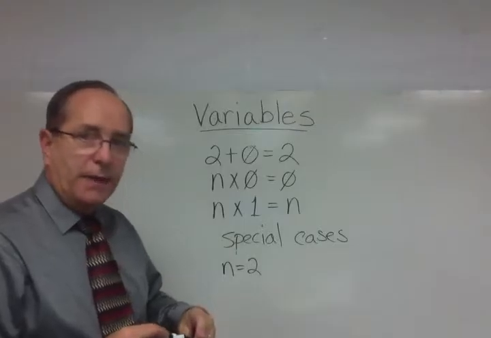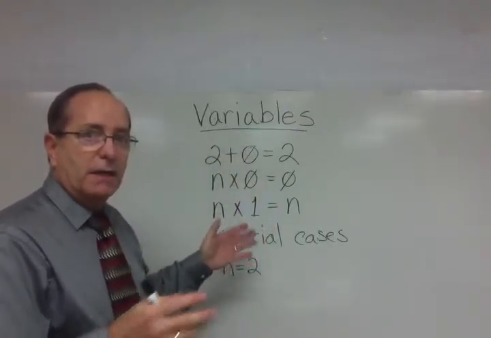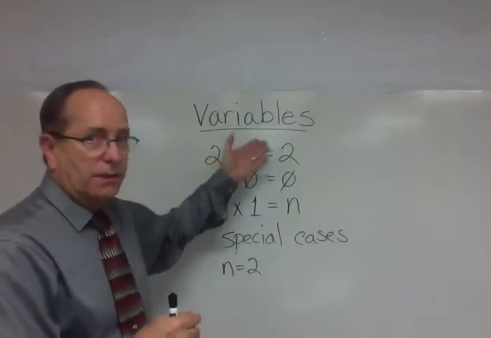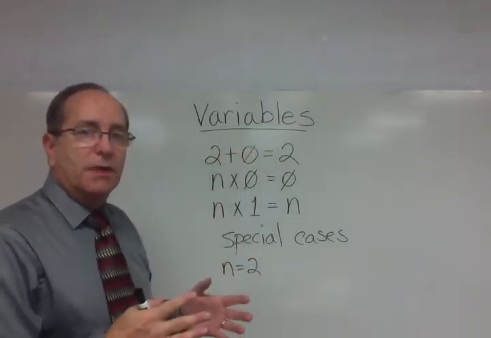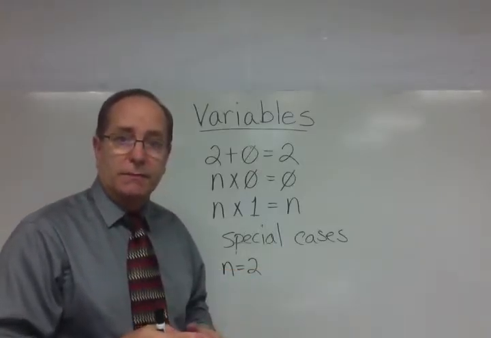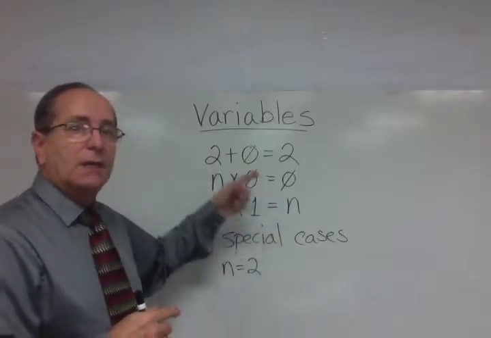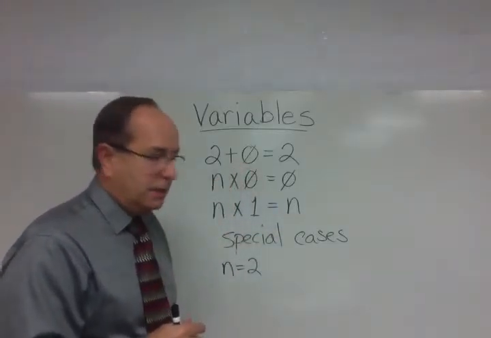So those general patterns that I used as examples here, any number I put in there, 1,000,000 plus 0 is 1,000,000. So it doesn't matter what number I put in there, it should always come out true if the general pattern is a good one. You can have false ones, so you always need to check it with a special case to see if it works out into that number.